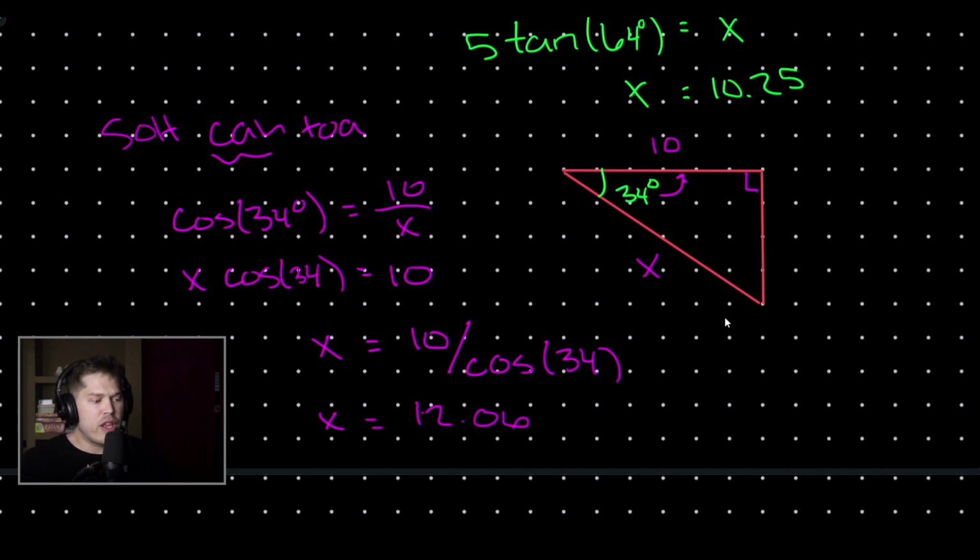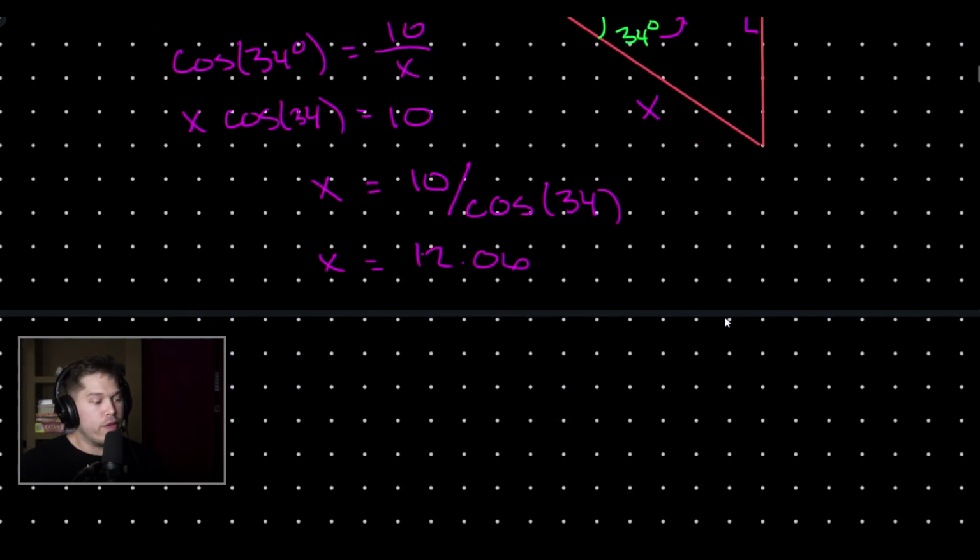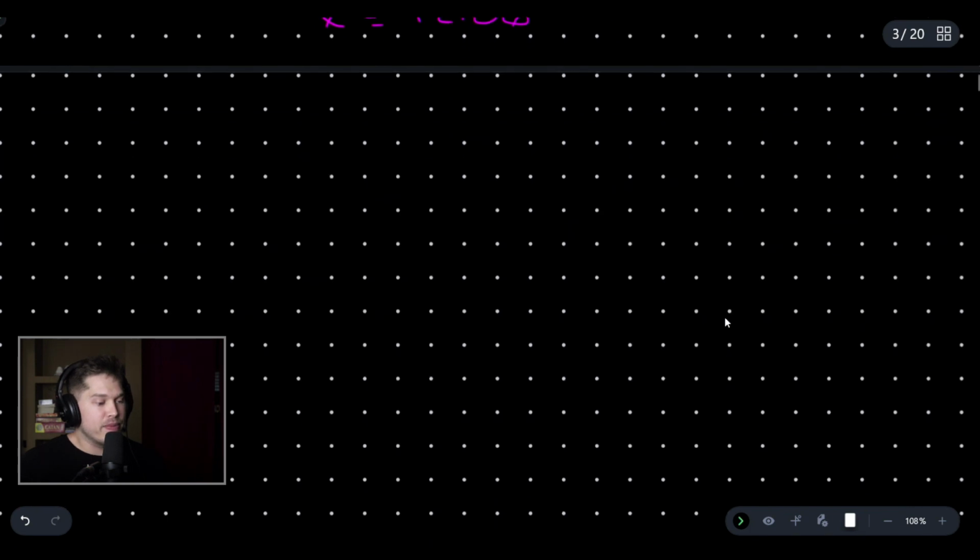Excellent. So for the last two practice problems we just solved, we were using our trigonometric functions to solve for a missing length of our triangle. Now let's use our trigonometric functions to solve for a missing angle. Okay, so let's sketch out another triangle. Let's draw a right triangle.